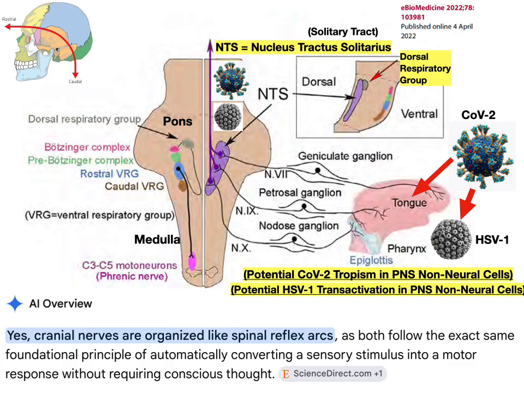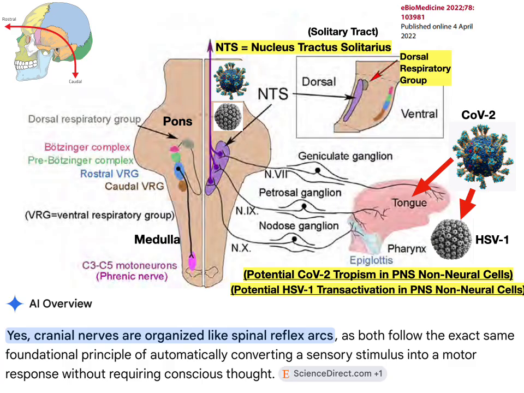The integration of signals coming from various sensory organs, which include the tongue and the pharynx, as well as the lungs and the diaphragm, is done in the brainstem, analogous to spinal reflex arcs.